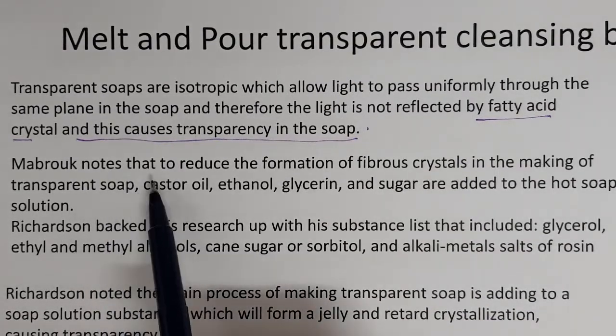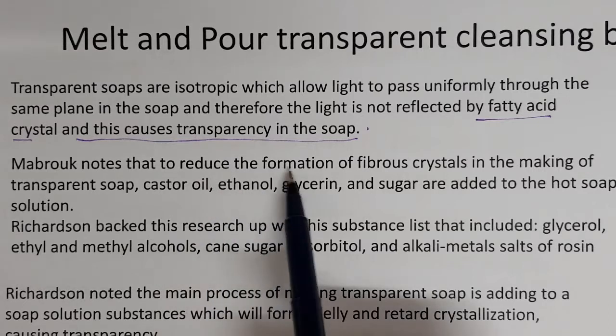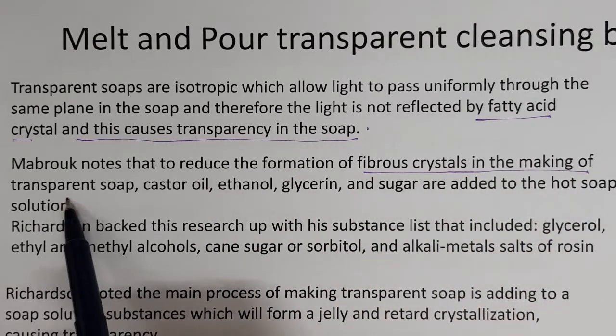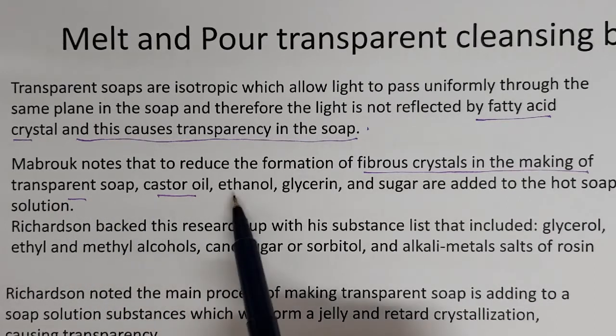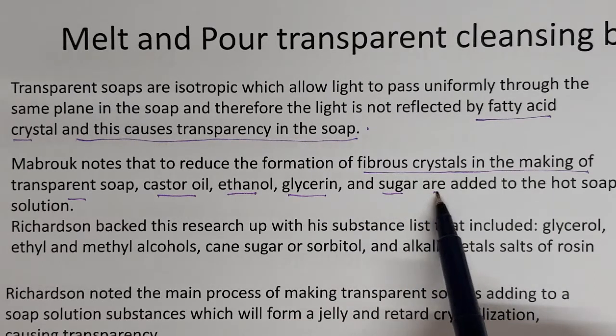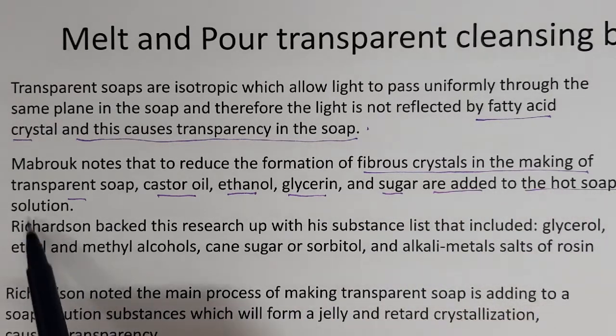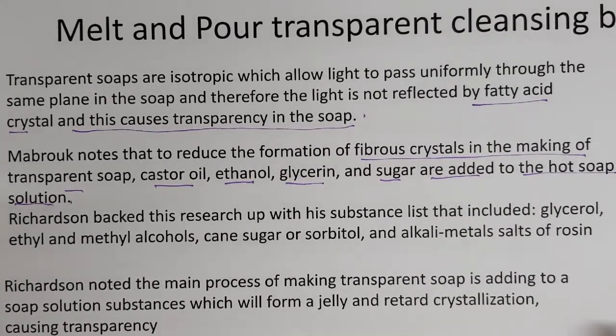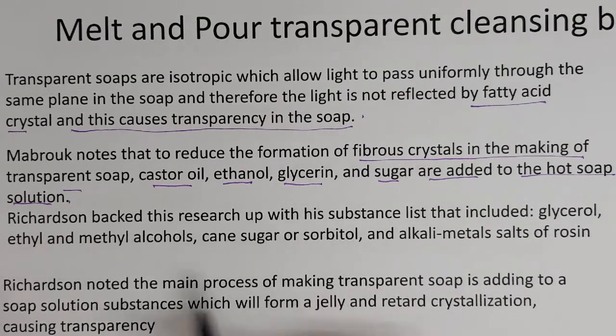Mowbray notes that to reduce the formation of fibrous crystals in making a transparent soap, castor oil, ethanol, glycerin and sugar are added to the hot soap solution. This does not allow the fibrous crystals to form.